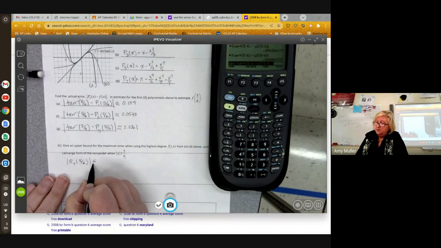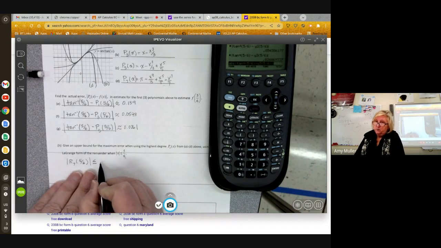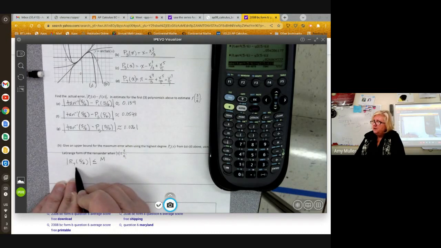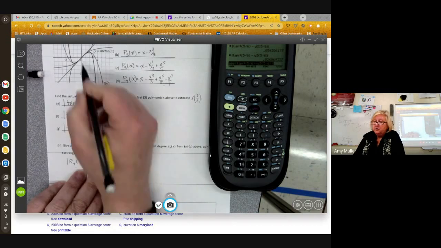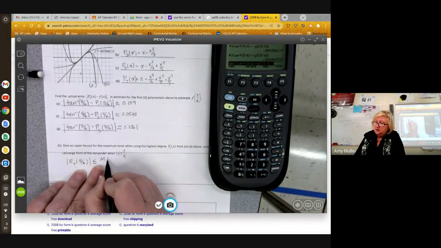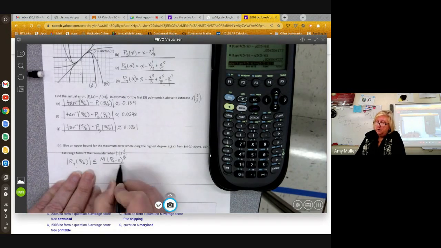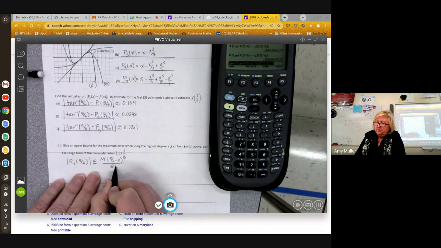I need the maximum of the 8th, not the 7th. So I'm just going to put that right there. What's the center here? The center is 0. So this is going to be 5/6 minus 0 to the 8th over 8 factorial, right?